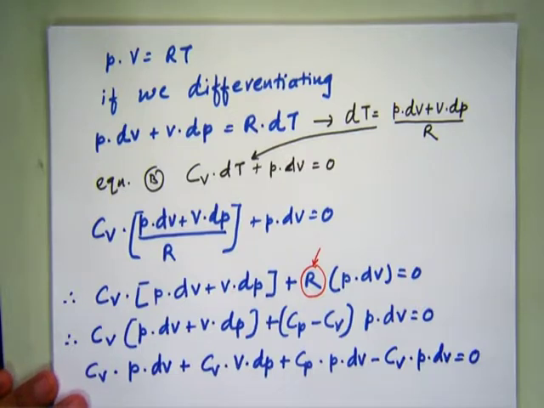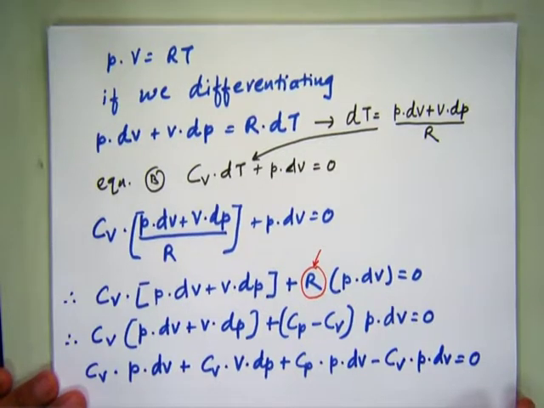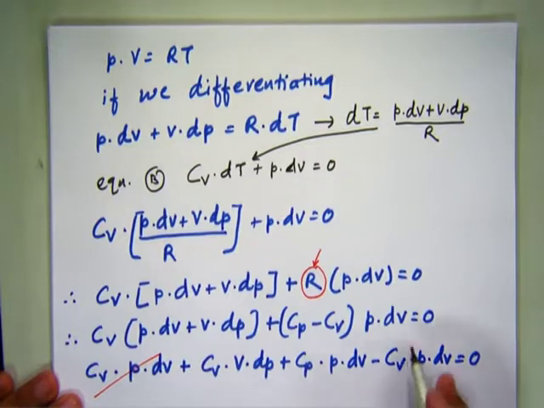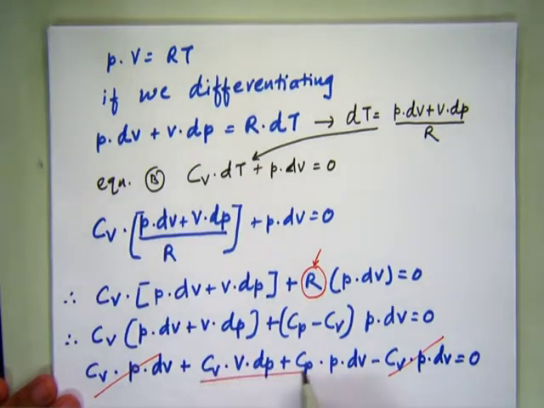What will go out? Cv into P dV and minus Cv into P dV, these two terms will cancel out. Only these two are left on the left hand side, right hand side is 0.